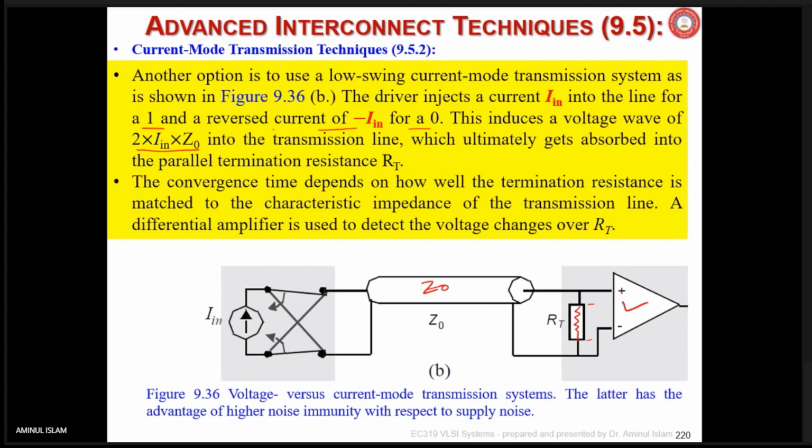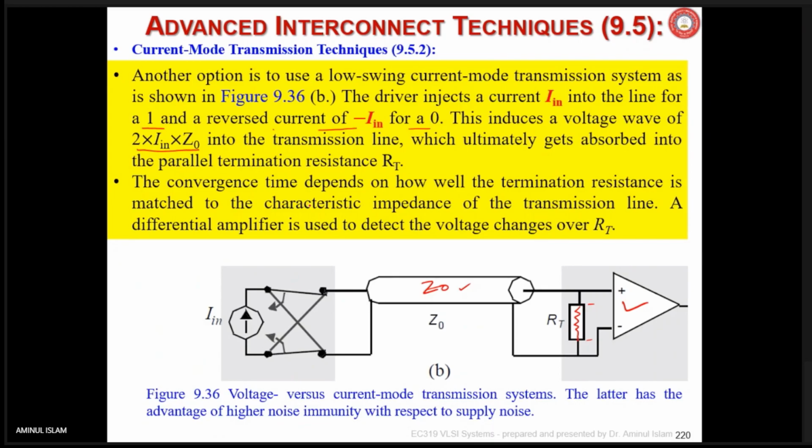This induces a voltage wave of plus 2 times I in times Z naught and minus 2 times I in times Z naught. Z naught is the characteristic impedance of the interconnect as given here. So this much voltage is induced on the interconnect line, which ultimately gets absorbed into the parallel termination resistance RT, shown here at the receiver end.